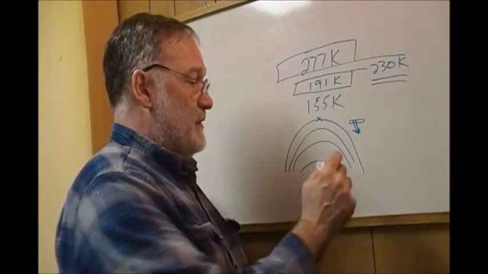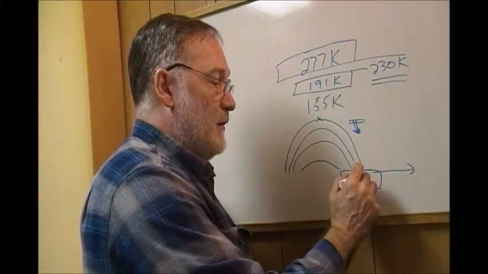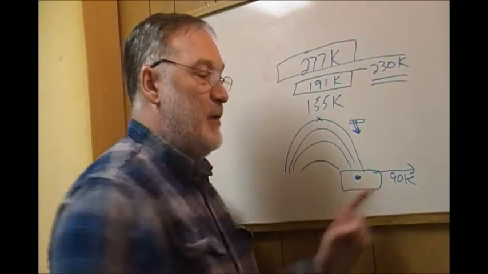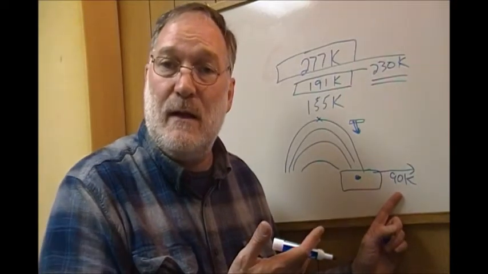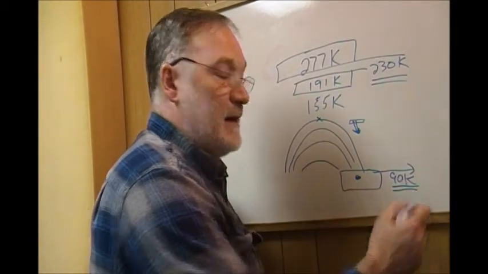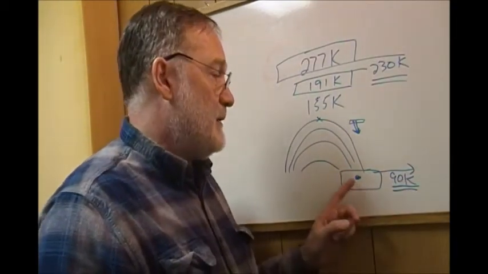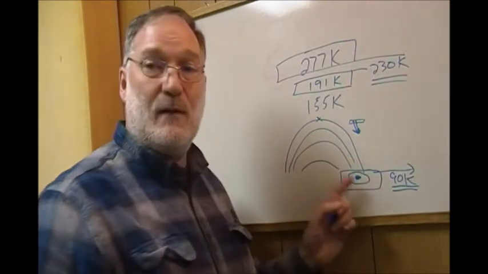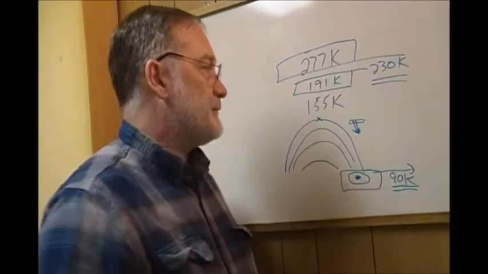And the fact that that energy is stored in the regolith and then released slowly at night raises the nighttime temperature to about 90 Kelvin. The black body nighttime temperature would be 0 because it's not receiving any radiation from the sun. And so the fact that we've got 90 degrees hotter at night than the black body temperature is because of the energy that's stored in the regolith during the day and then released slowly at night. That raises the average temperature.